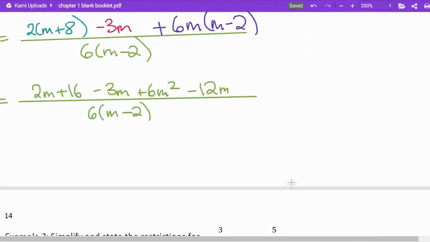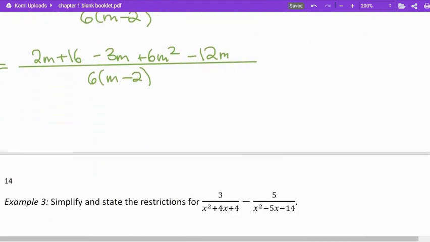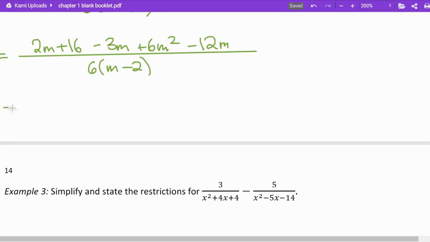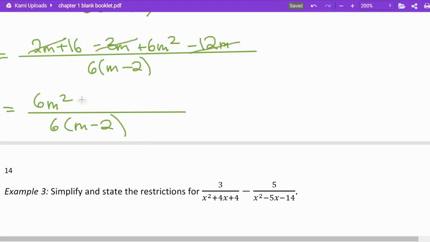I'm really hoping I get to cancel something out because I want it as simplified as possible. You have a wonderful question. Do you want to ask it? So then for the m's, I've got positive 2, negative 3, positive 6. Oh, that's not right. So I got negative 13m. And then I've got plus 16.